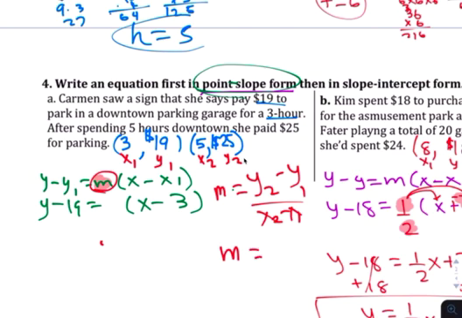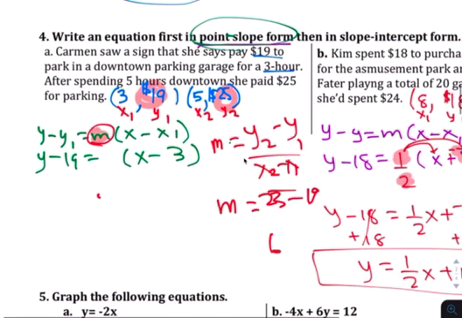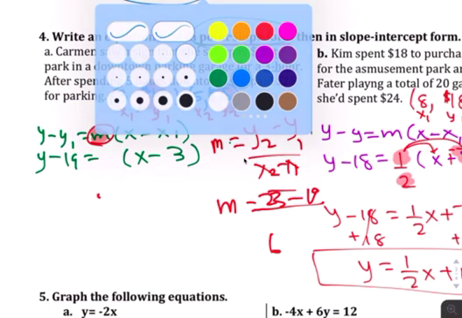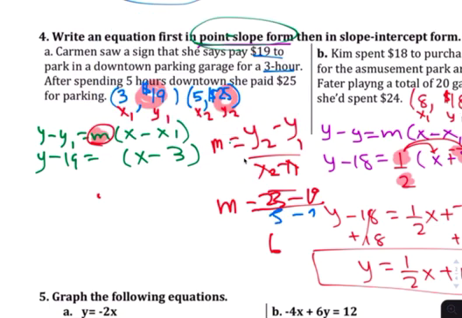Y sub 2 is 25, minus 19. You get 6, right, over X. X is 5 minus 3, which is 2. So M is 3.